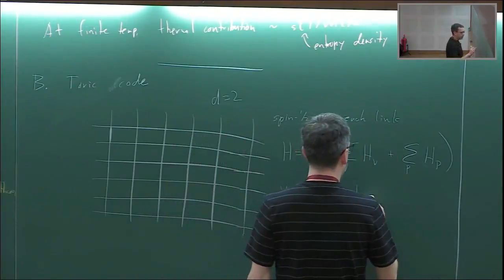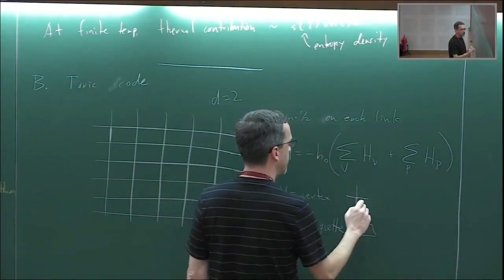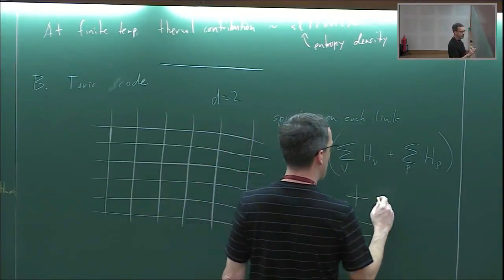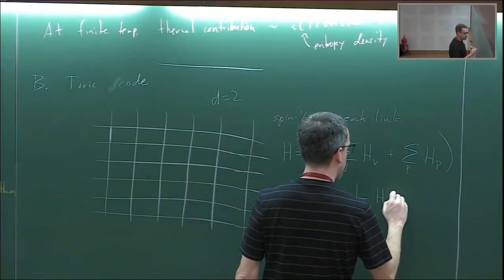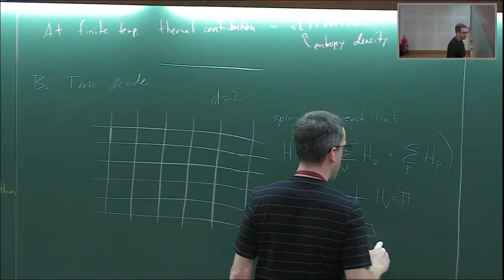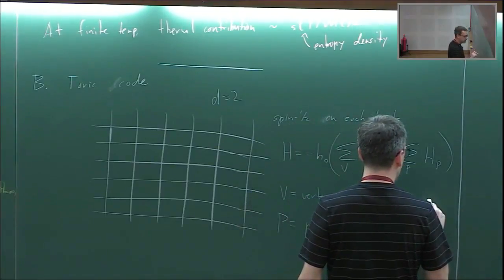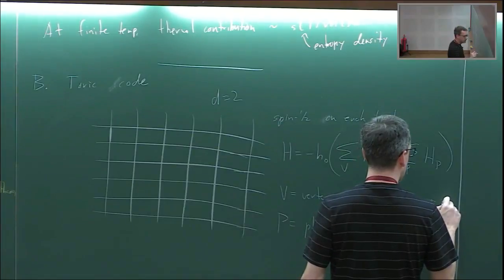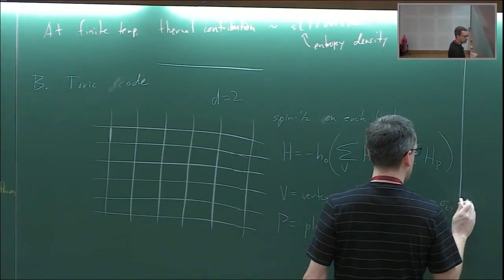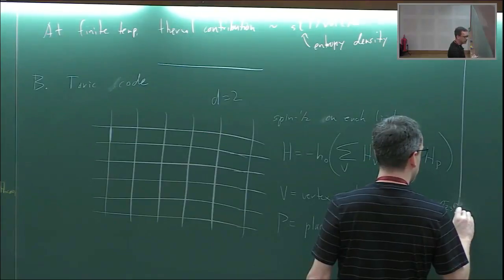And remember, on each link we have a spin one-half, so we have Pauli operators. H_V for a vertex is simply the product of all of the sigma z's: sigma z1, sigma z2, sigma z3, sigma z4.